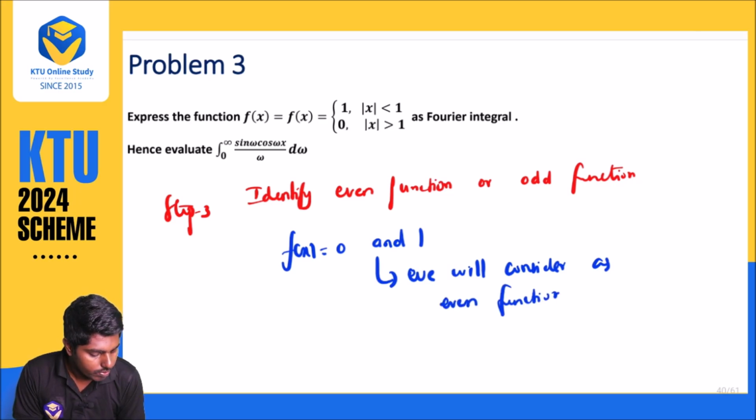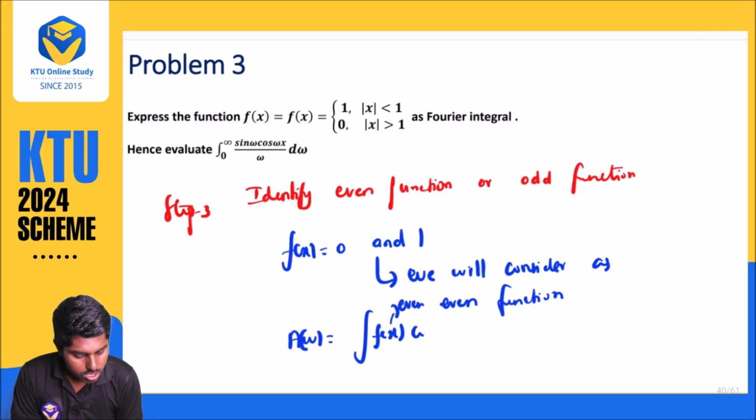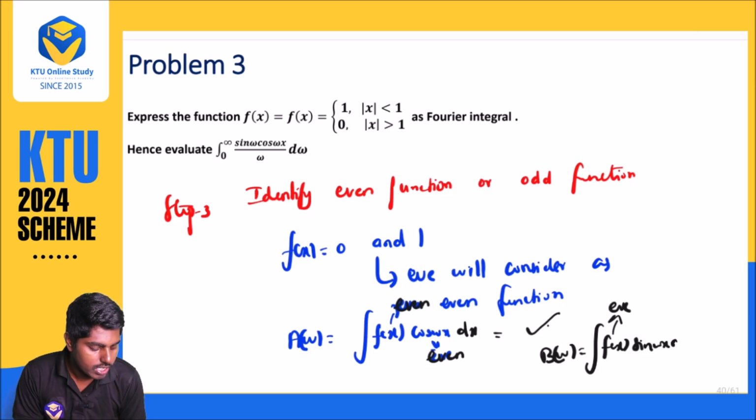When it is an even function, just see, a omega: f of x is even, and cos omega x is also an even function. So we can identify a omega. What about b omega? B omega: f of x is an even function and sin omega x is an odd function.